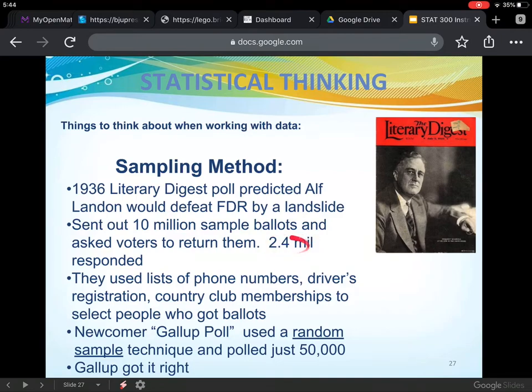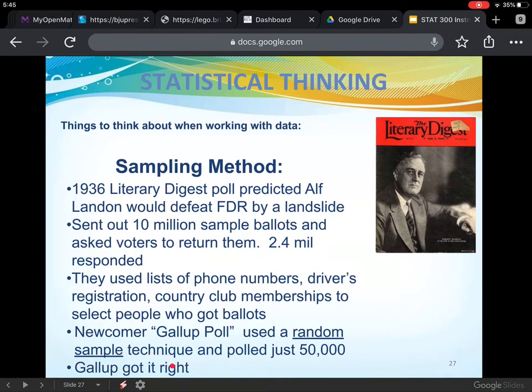That's a pretty big sample size if you think about it. They used lists of phone numbers, driver's registration, and country club memberships to select the people who got the ballots.